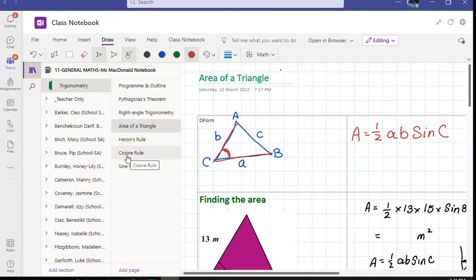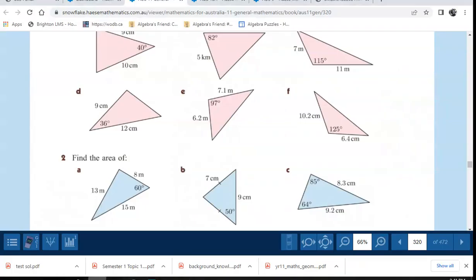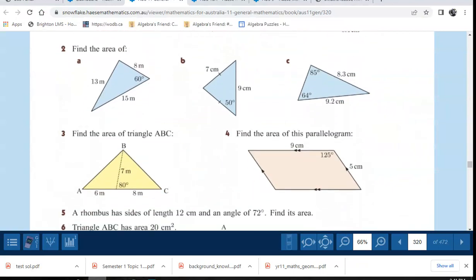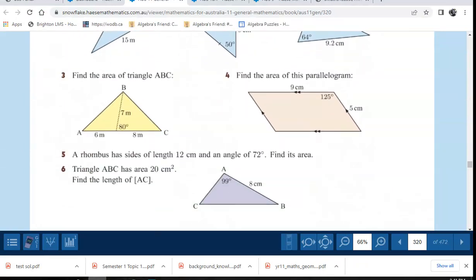same sort of thing. All right, so 1 and 2, people did beautifully. When we look at find the area of triangle ABC, would you agree that you can find that one? Can we find the whole one? Yes, we can. How can we find the whole area of that triangle?